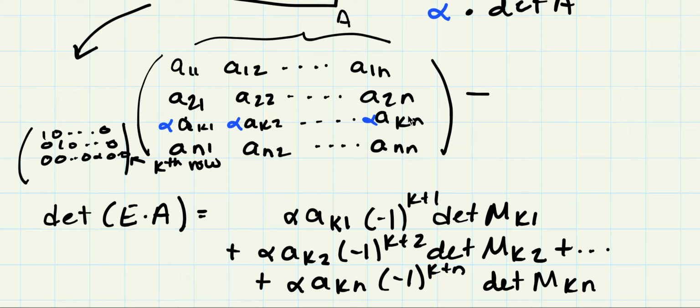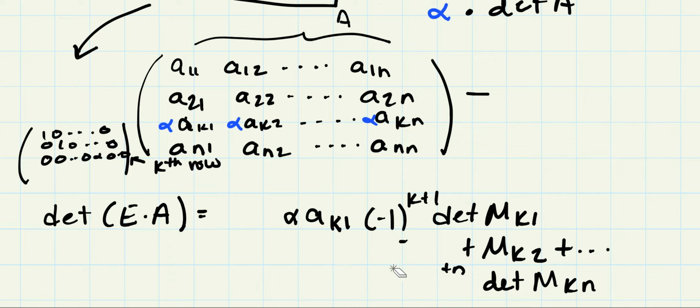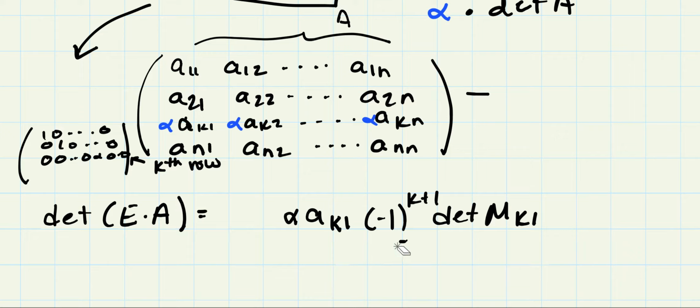We can write this as a summation. So let me write it in a form that's a little easier to handle. This is the same thing as the sum, J going from 1 to N, alpha AKJ, -1 to the K plus J, MKJ. So this is the one that was changing because we had K1, K plus 1, K1, and then K2 all the way to N. So this is just the nice way to write this determinant.